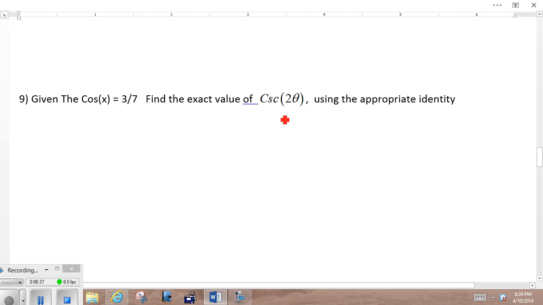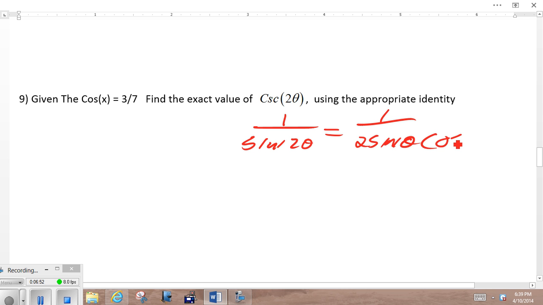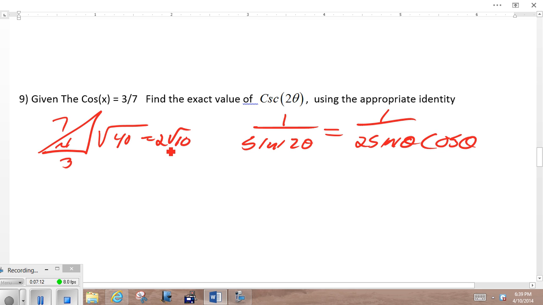The cosecant of 2 theta is of course 1 over the sine of 2 theta, which of course is 1 over 2 sine of theta cosine of theta. And so if the cosine is 3/7, so we'll call this x, cosine 3/7, so that makes this what? 49 minus 9, radical 40, so 2 root 10, I guess.